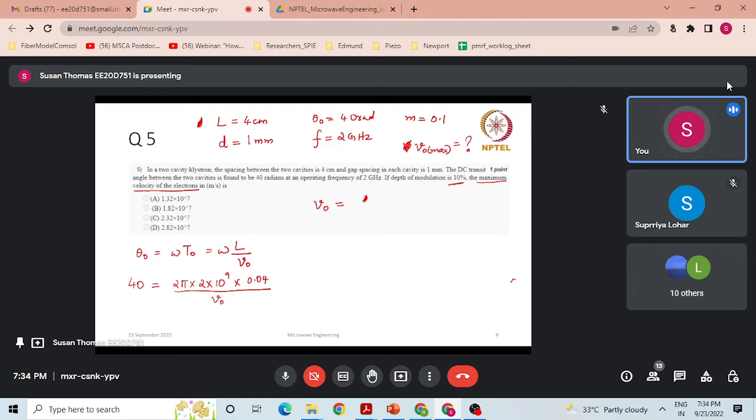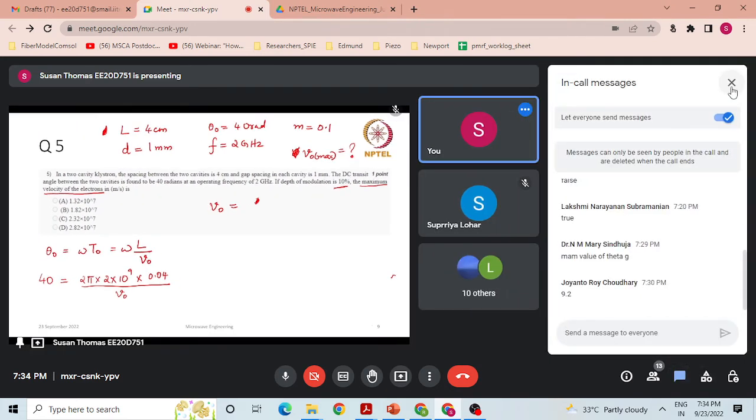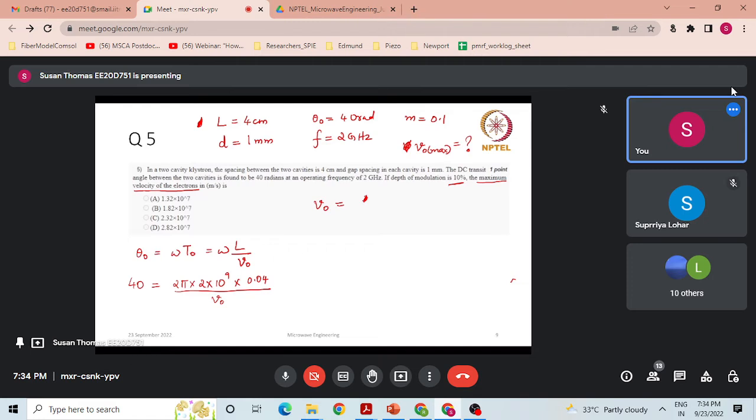You can try that out. If you have tried it, you must be getting 1.25 into 10 power 7 meter per second.